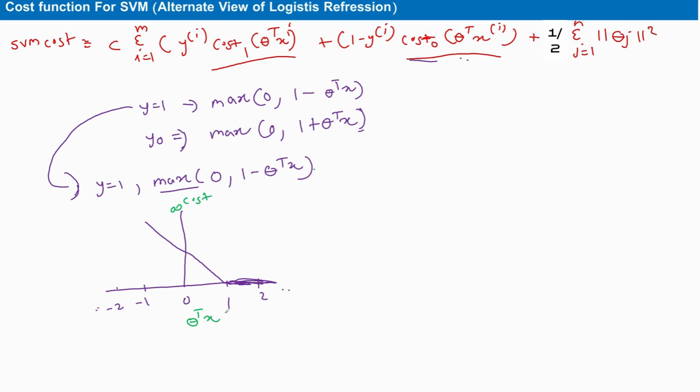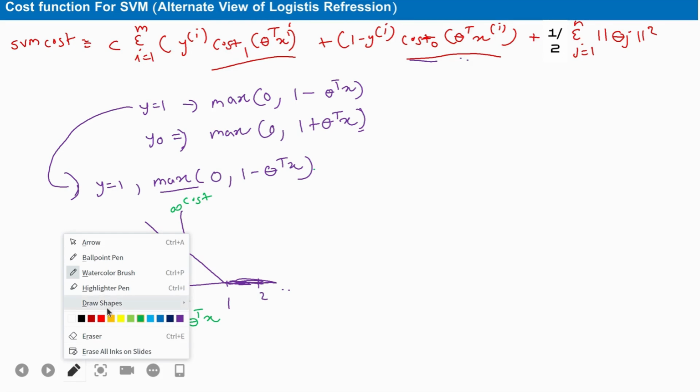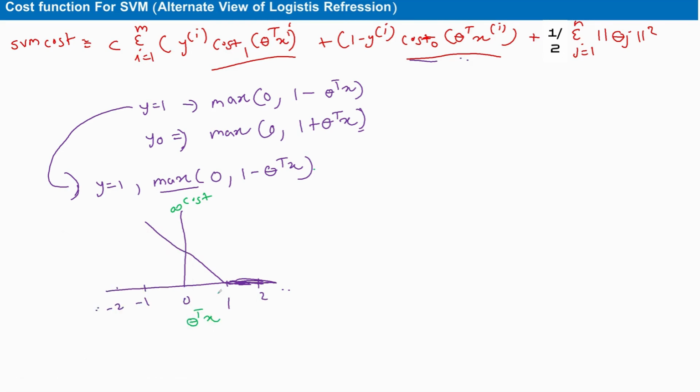Why does this intuition work in this term? When y is equal to 1, with respect to this equation, when theta transpose x is 1 or greater than 1, only then we will get the cost 0. In simple words, in order to get the cost 0, theta transpose x must be greater than or equal to 1.